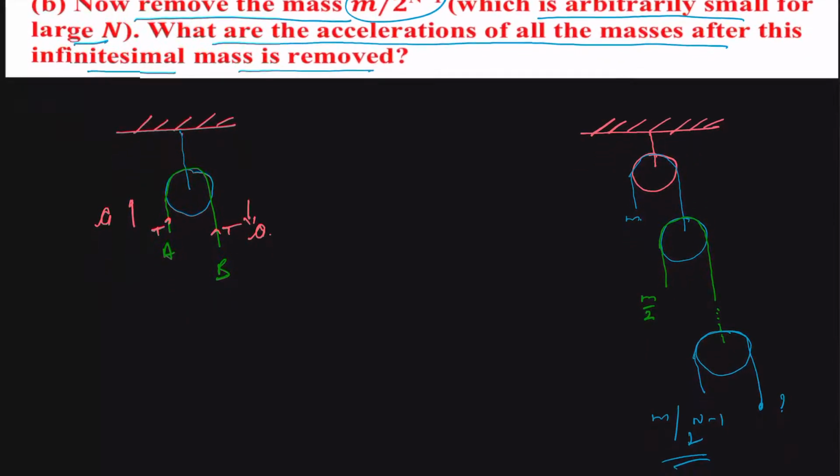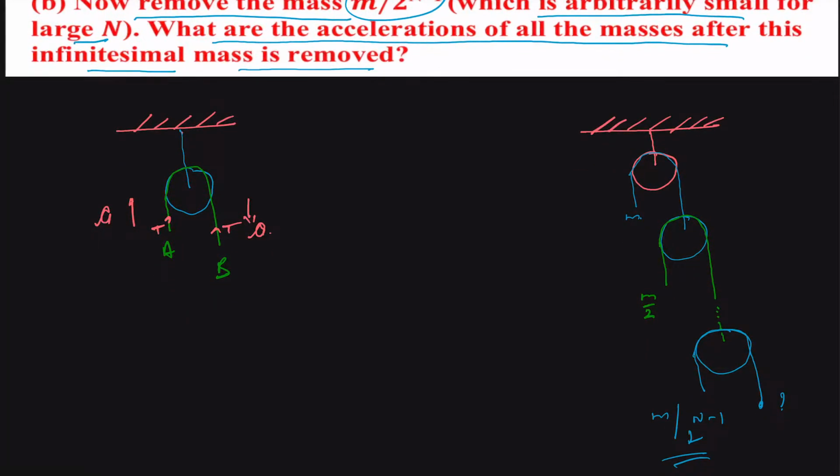So in general we can write that our acceleration equation can be written as B minus A divided by A plus B, times g. This is when A is moving upward. If A is moving downward, B is upward, so the sign is going to reverse. And then we can further write the equation for our tension also.